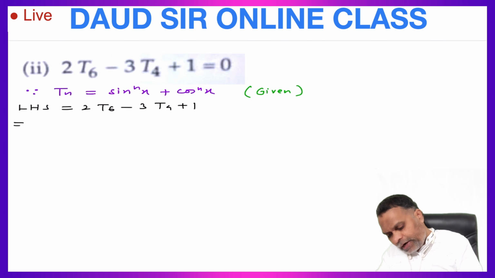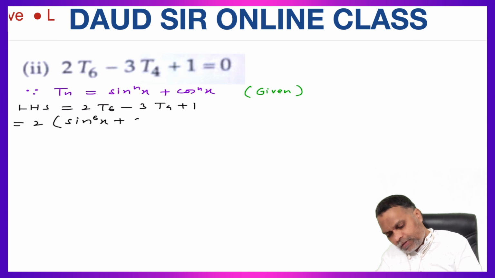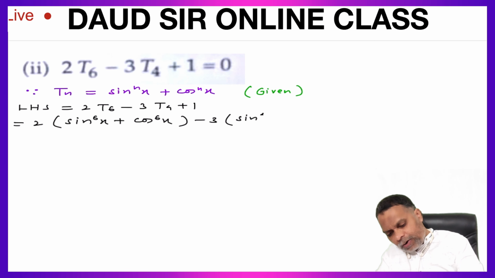So substitute values: 2 times T6, sin raised to the power 6x plus cos raised to the power 6x, minus 3 times T4, sin raised to the power 4x plus cos raised to the power 4x, plus 1.